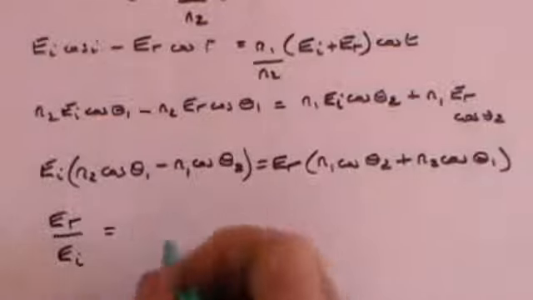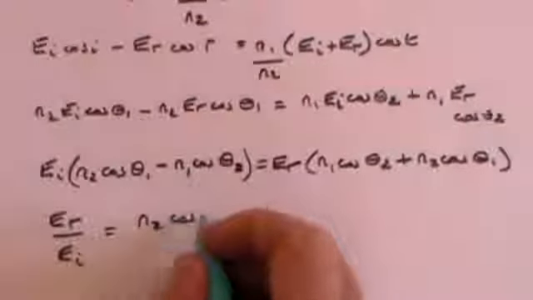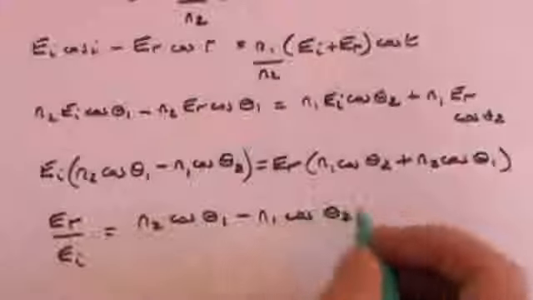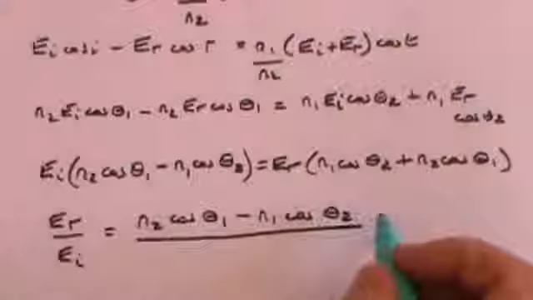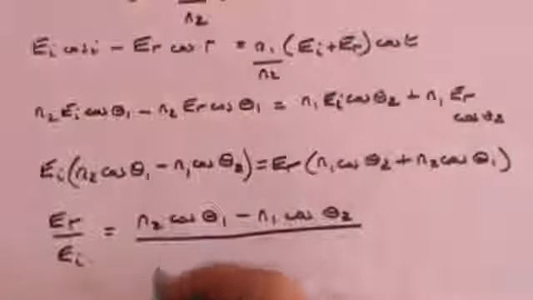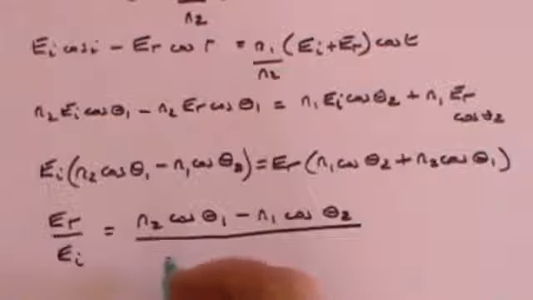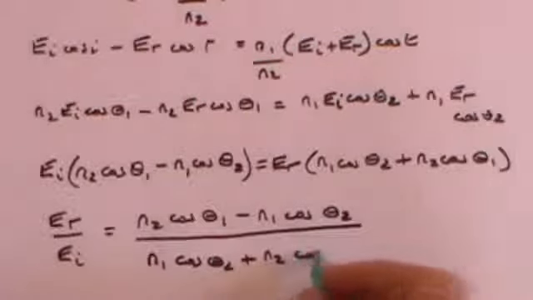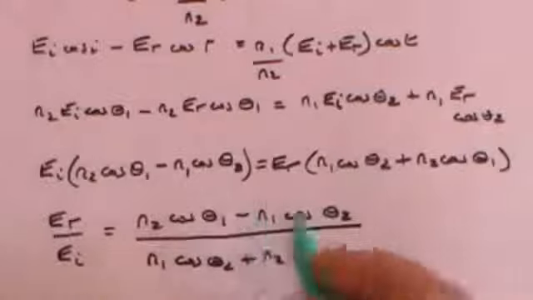And this term is going to be N2 cos theta 1 minus N1 cos theta 2 divided by this term, which is N1 cos theta 2 plus N2 cosine theta 1.